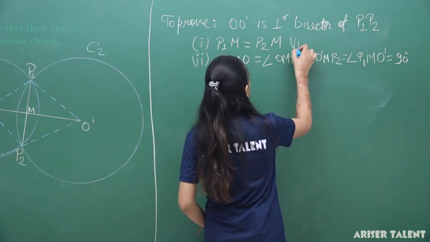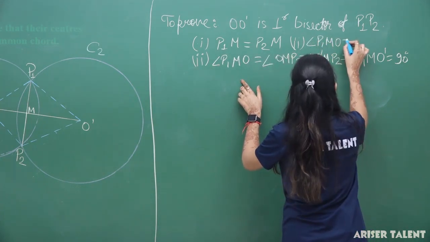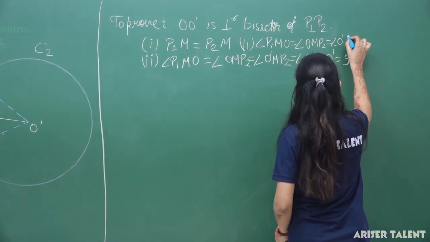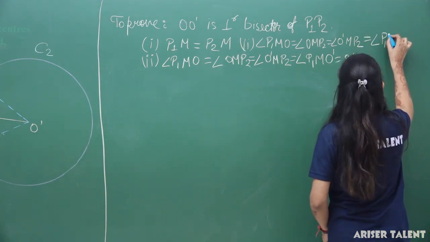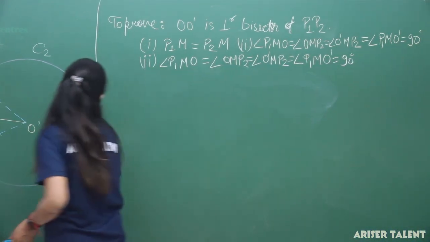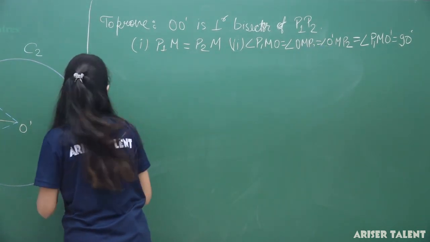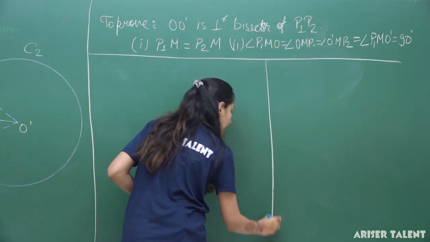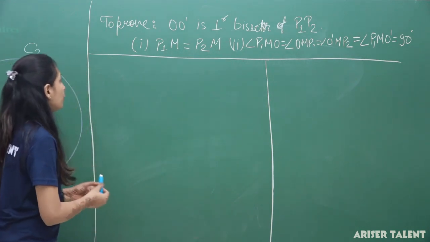The second one is angle O'MP2 equals angle P1MO' equals 90 degrees. This you have to prove, and we are talking about the proof here. So, we will talk about the proof in two sections of our board, that is here and here. Okay, right. Now, the proof.